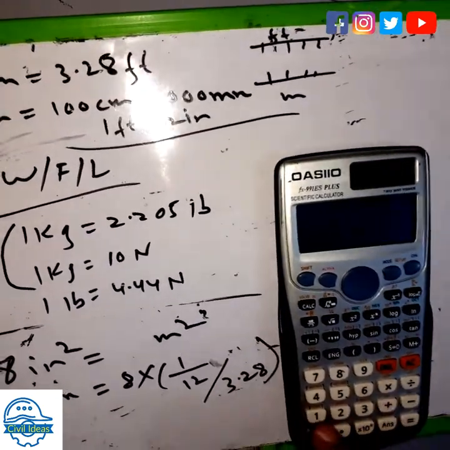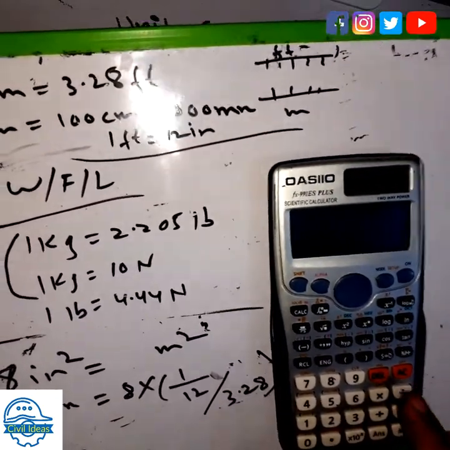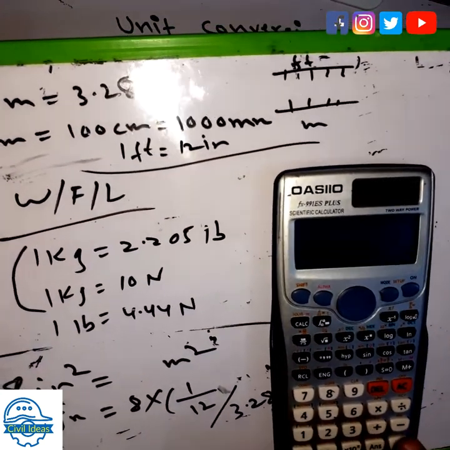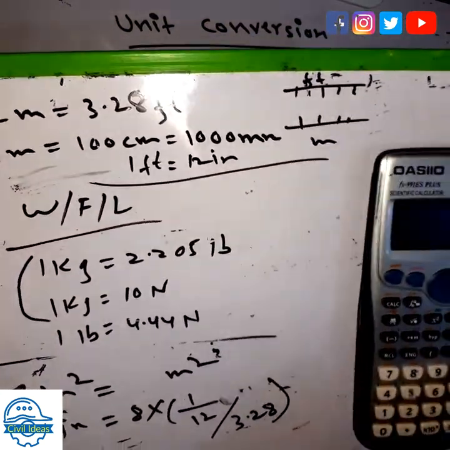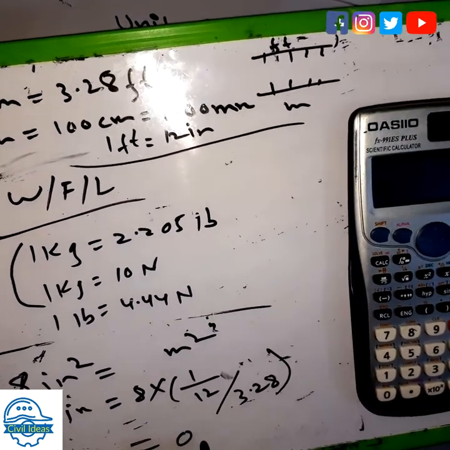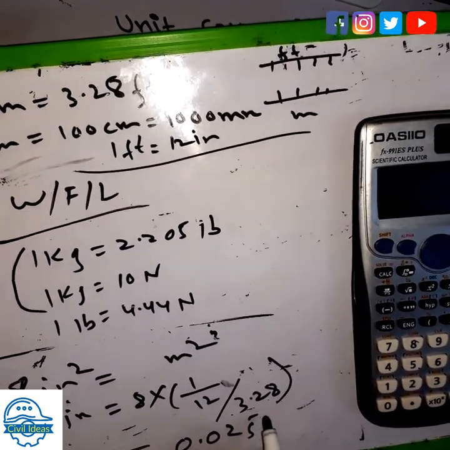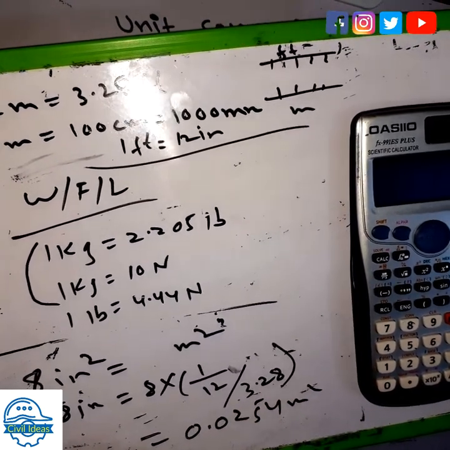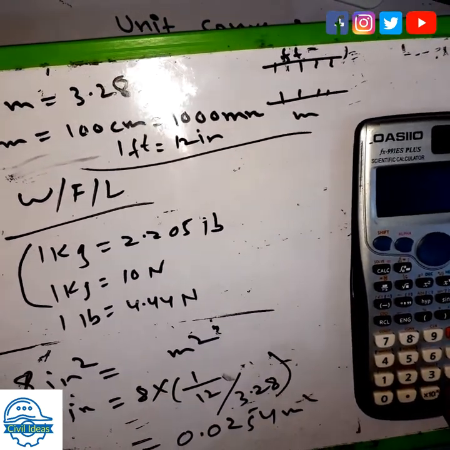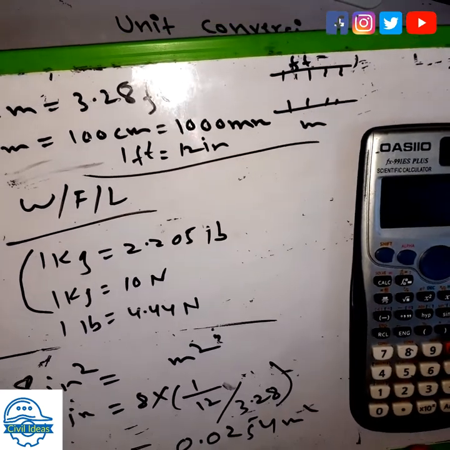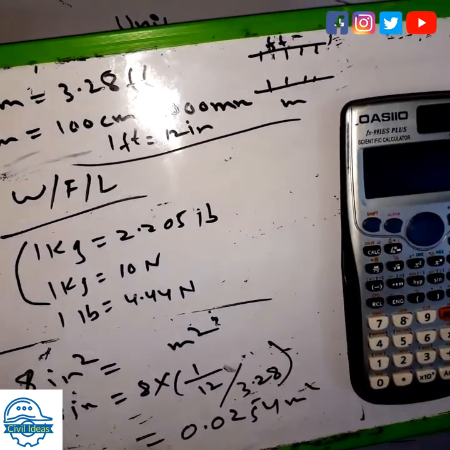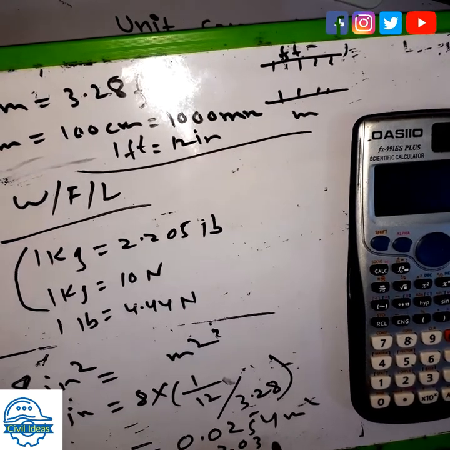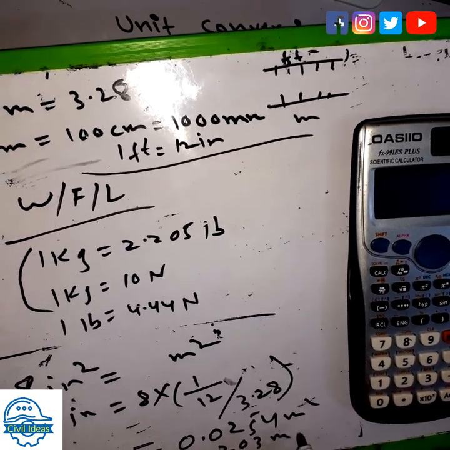So 1 divided by 12 divided by 3.28 becomes 0.0254 meter. Squaring it and multiplying by 8, you get the value. So the total value will be 0.0052 square meter.